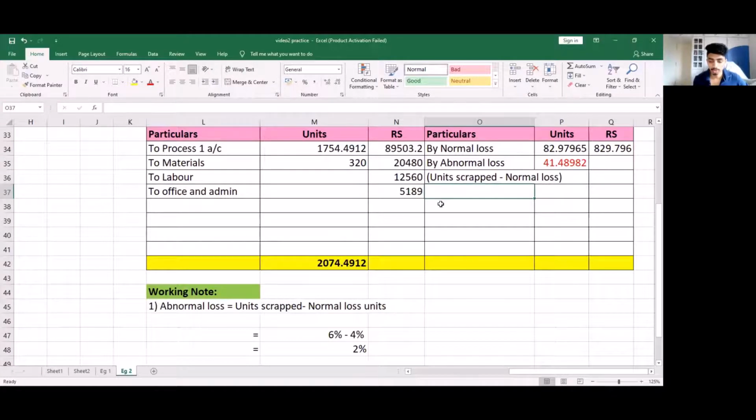Now we move on to find the finished goods. So again, we will have by process 3 account and by costing P&L account.